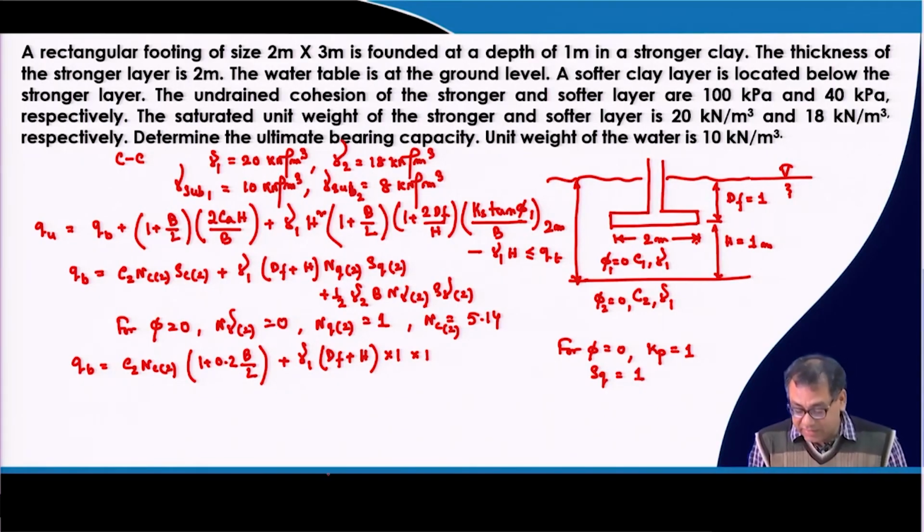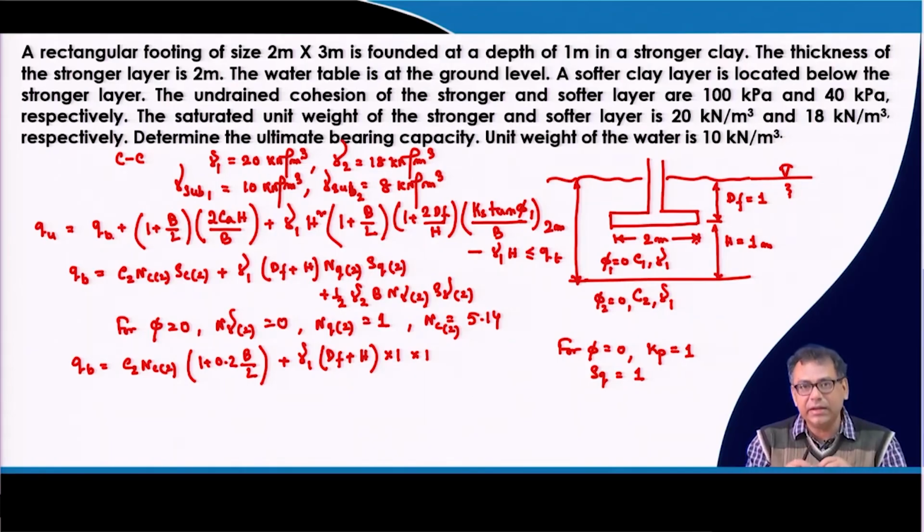Now, remember that when you are converting the equation from strip to the rectangular footing, then for your basic equation you always use the shape factor 1 plus B by L in this term.